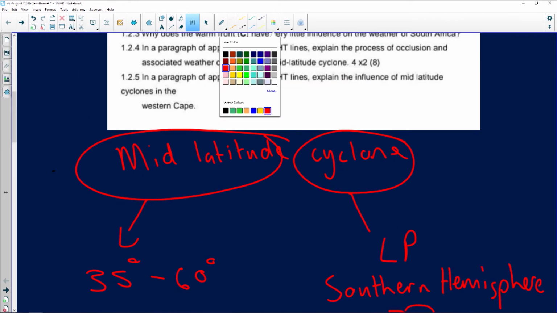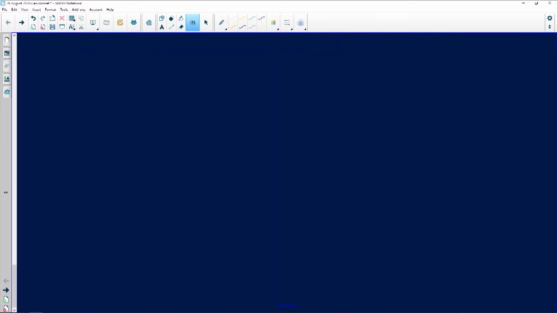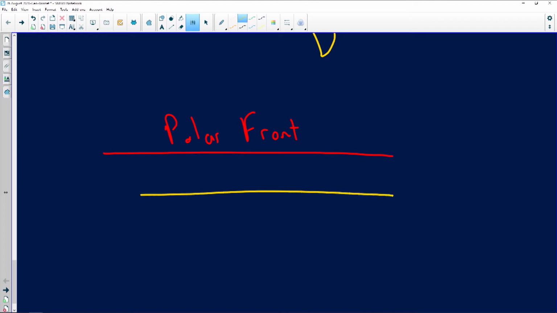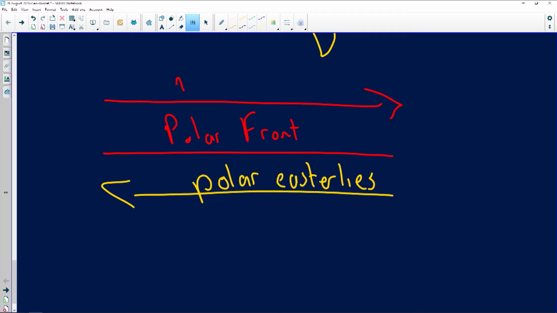When we look at the initial stage, I mentioned it a little earlier, you've got your polar front, and then, keep in mind, your very cold polar easterlies moving in one direction. And then in the other direction, the polar front separates the westerlies from the polar easterlies.